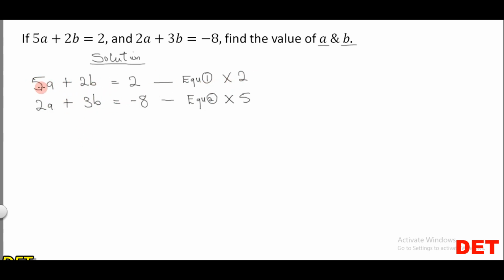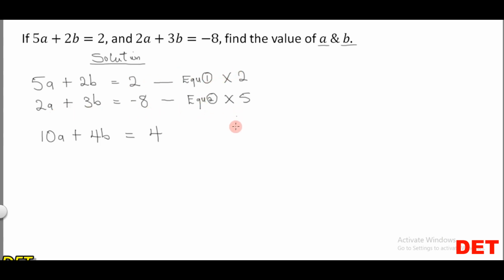2 times 5a will give me 10a, plus 2 times 2b will give me 4b, equal to 2 times 2 will give me 4. With that I've multiplied the first equation.